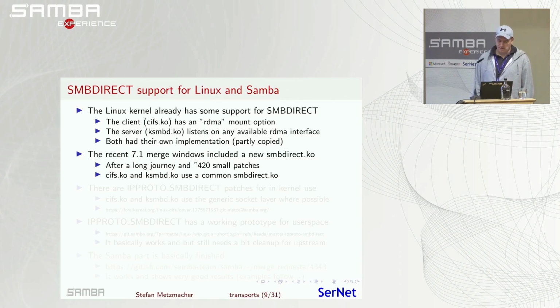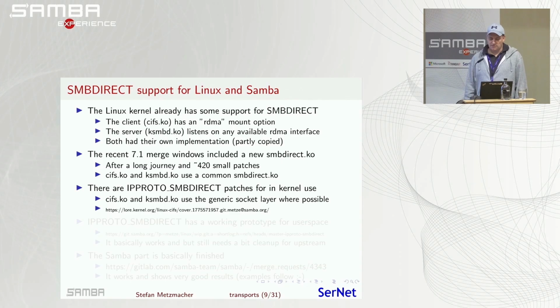It's basically a long journey of about 420 small patches. First, bringing everything together with shared structures in the C code, then making sure the logic in client and server is implemented the same way, and then moving that logic into a new module which both can just use.